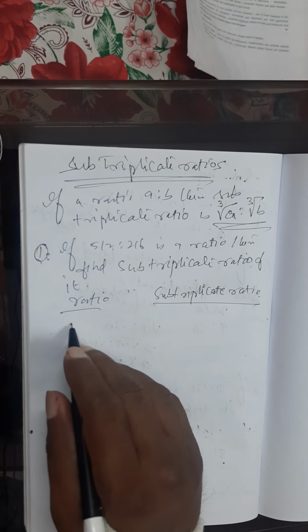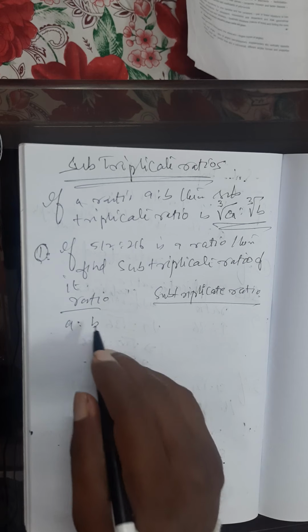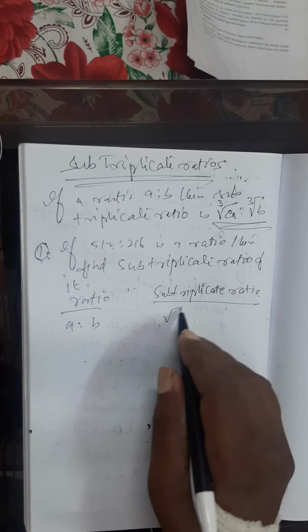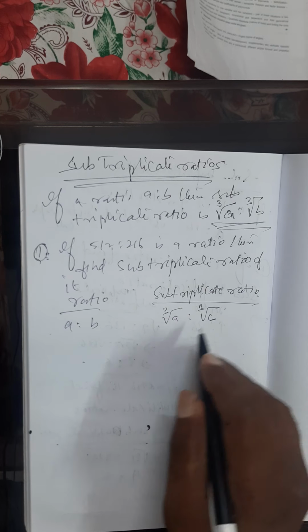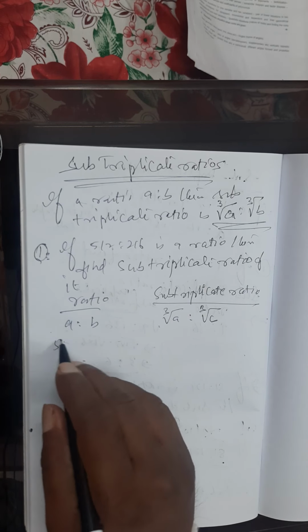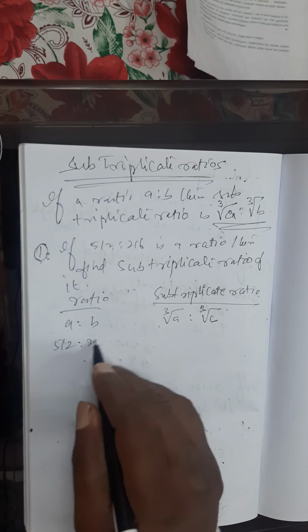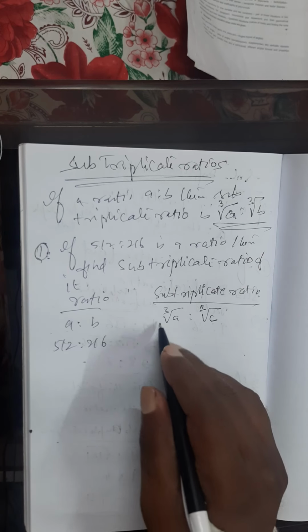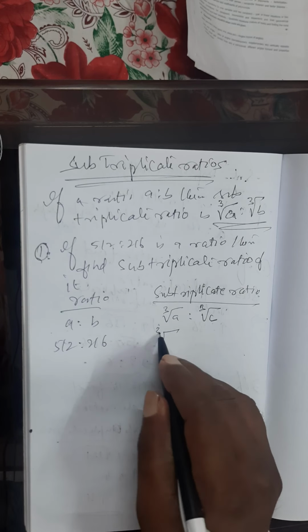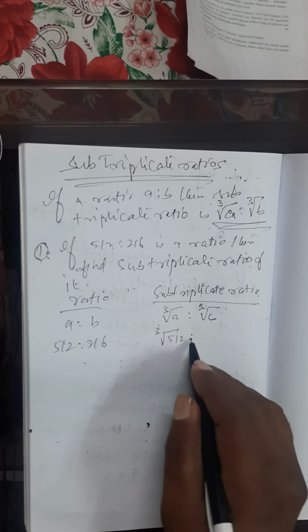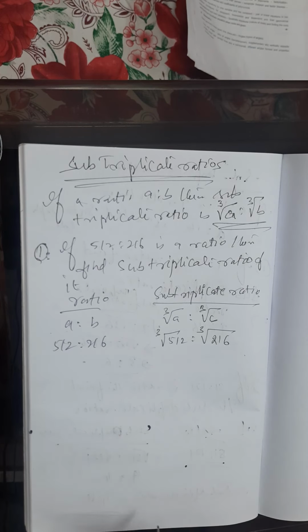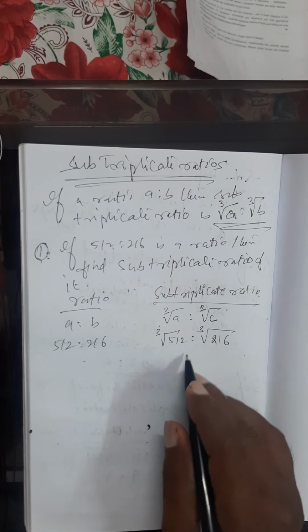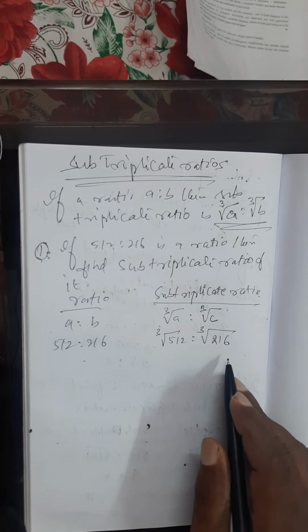If the ratio is A is to B, the subtriplicate is the cube root of A is to the cube root of B. So here we get 512 is to 216, and we have to write the cube root of 512 is to the cube root of 216. If it is possible to take the cube root, yes, we can take.